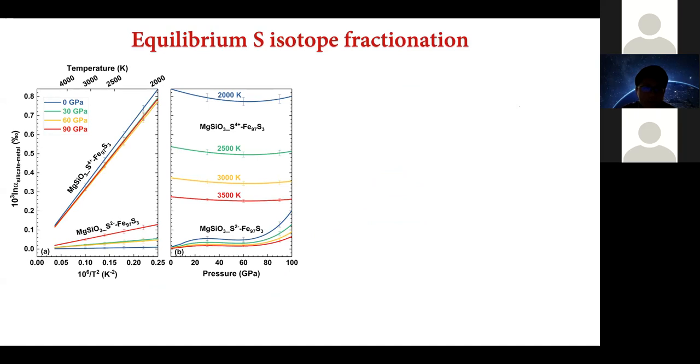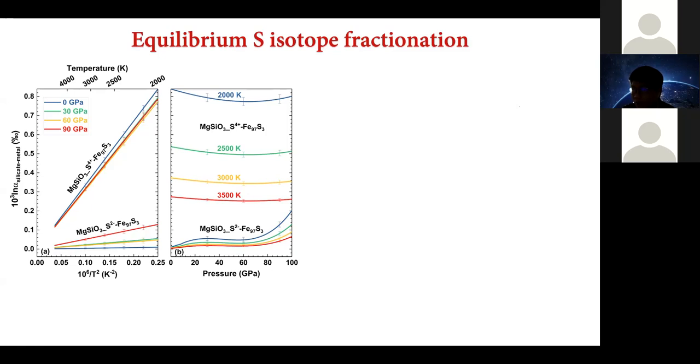Our results show that the oxidizing silicate melt is enriched in heavy sulfur isotope relative to metal melts, but there is no notable equilibrium sulfur isotope fractionation between the reducing silicate and the metal melt within the range of 0 to 18 GPa.